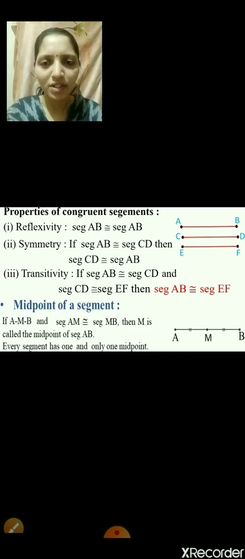So segment CD is also congruent to segment CD, and similarly segment EF is congruent to segment EF. The second property is symmetry. That means if segment AB is congruent to segment CD, then segment CD will also be congruent to segment AB. That is in inverse form.